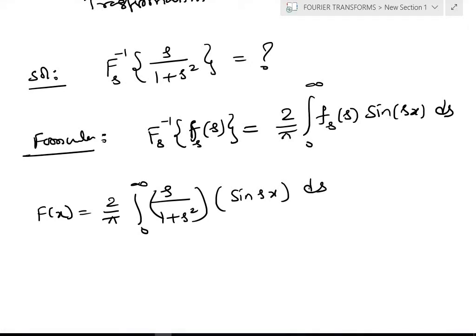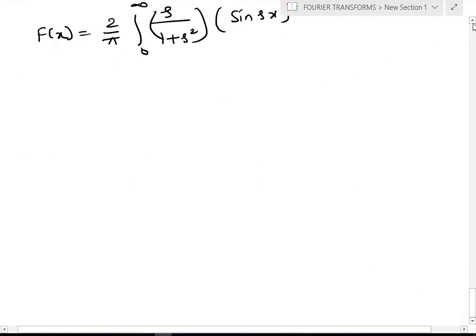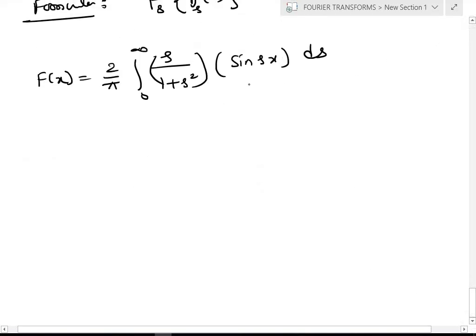Now it is our idea how we will simplify this problem. I will write it in the easiest manner. We can rewrite this for simplification purposes.